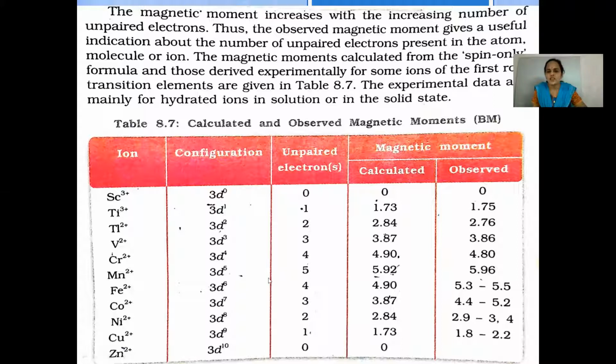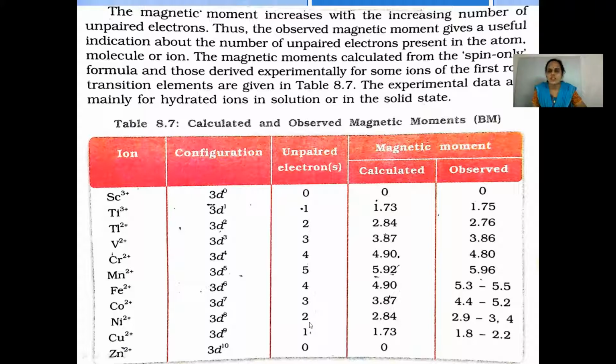Iron in +2 state has 4 unpaired electrons, and its magnetic moment on calculation using the spin-only formula gives 4.90. Cobalt in +2 state has 3 unpaired electrons in its outermost shell, and its calculated magnetic moment comes out to be 3.87. Nickel in +2 state has 2 unpaired electrons, and its calculated magnetic moment is 2.84 Bohr magneton.